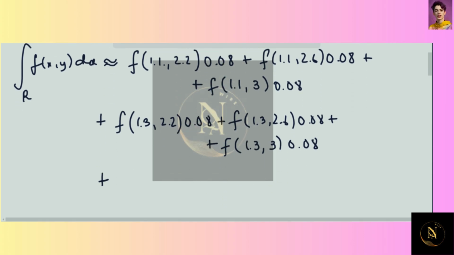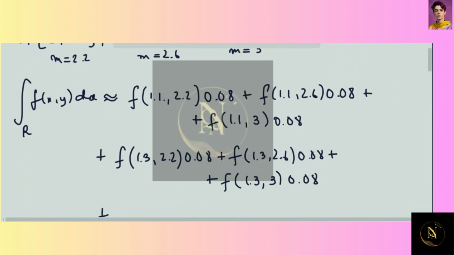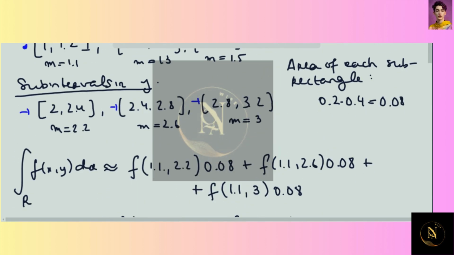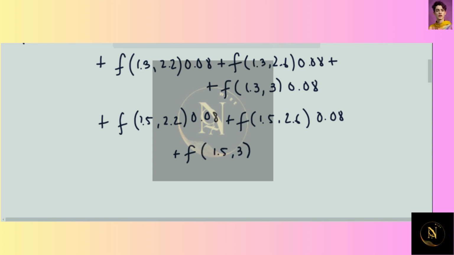So in this second row of summands, I've done now these three middle rectangles. And now the last one, the midpoint would be at 1.5. And we have f of 1.5, 2.2, 0.08 plus f of 1.5, 2.6 times 0.08 plus f at 1.5 and 3 times 0.08.